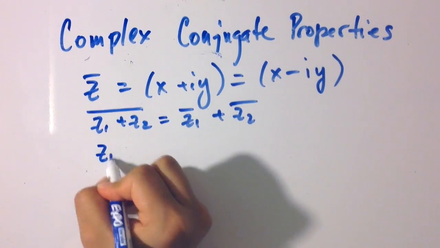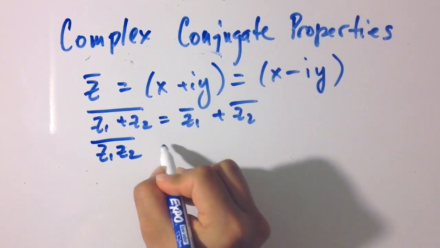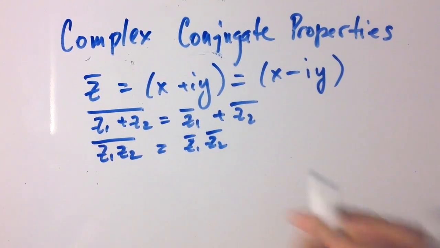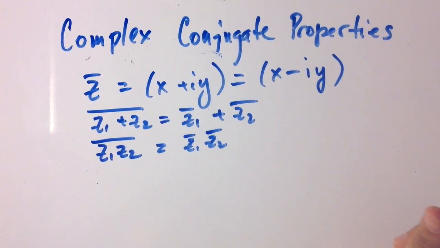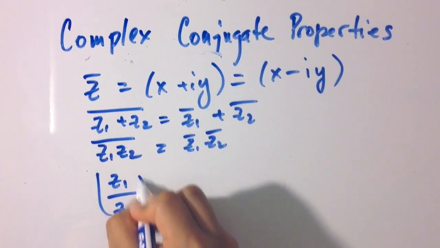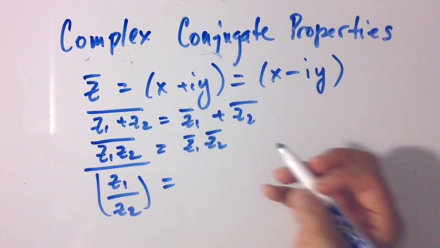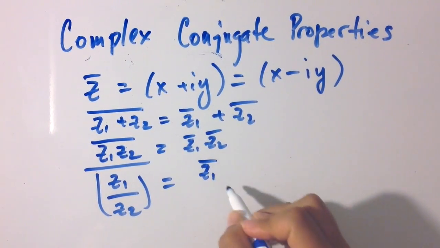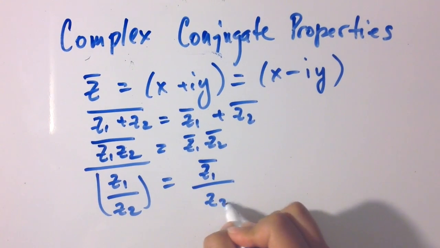Same goes for multiplication. We can sort of distribute in the complex conjugate. And also, of course, this works for division. So the complex conjugate of z1 over z2 is just the complex conjugate of z1 divided by the complex conjugate of z2.